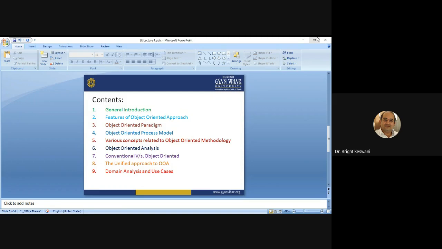Okay, now some basic concepts related to object oriented methodology. We will now discuss some basic concepts related to the object oriented approach, like classes and objects, abstraction, attributes, operation and method. Is it needed?